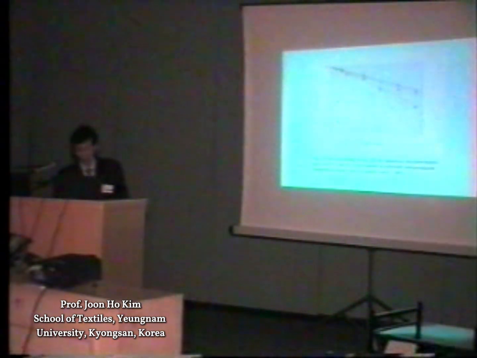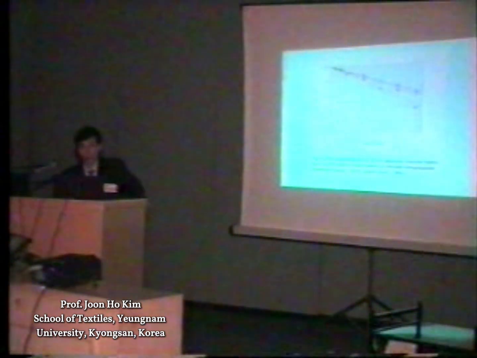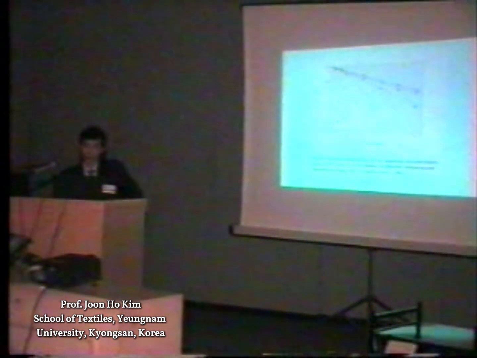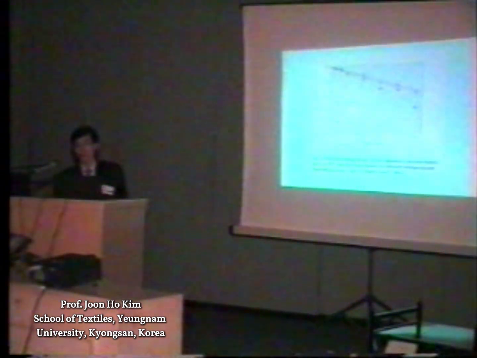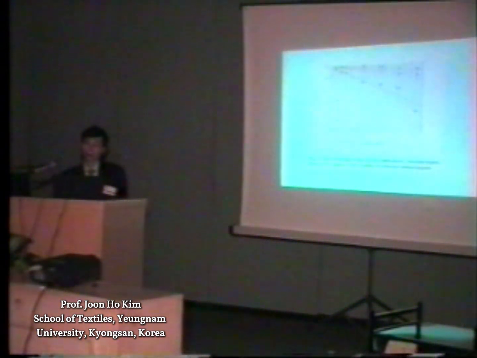As you can see from the figure, the linear relationship was good, but the sample heat treated at 160 was not so good. The value was very, very high. It can be explained at the end of this presentation.